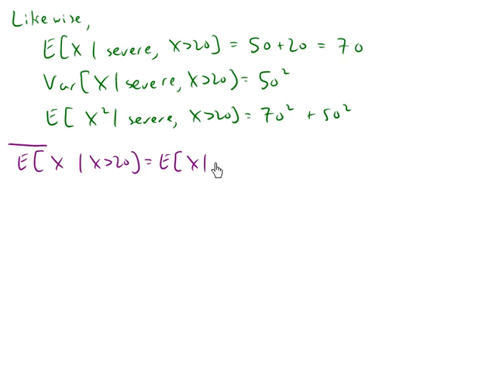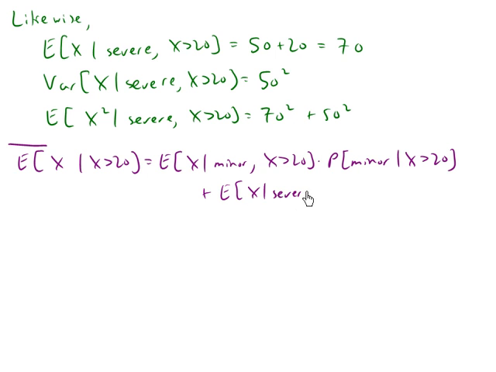The expected value of x given that I have a minor accident and x is greater than 20 times the probability of a minor accident given that x was greater than 20. Then my other case is going to be the expected value of x given that it was a severe accident and x was greater than 20 times the analogous probability of a severe accident given that x was greater than 20. What are those different pieces?